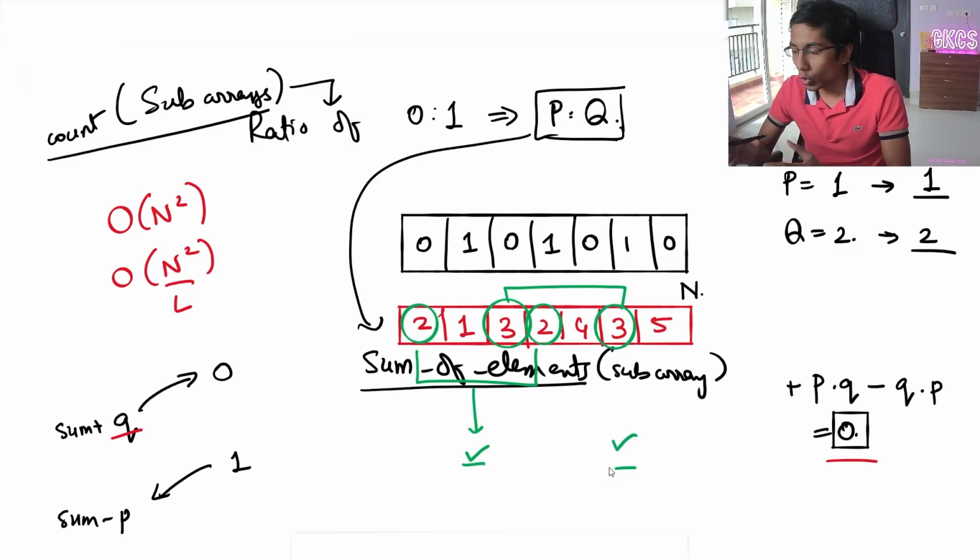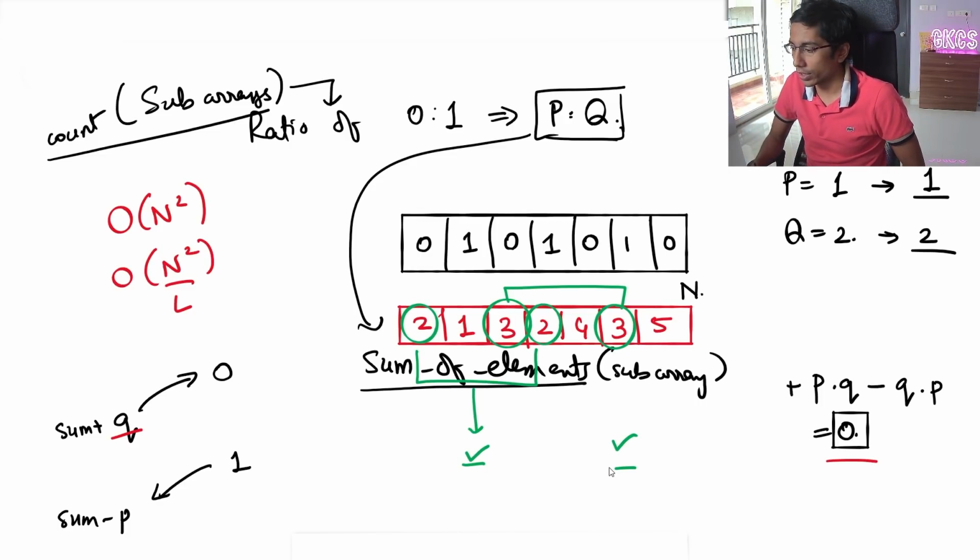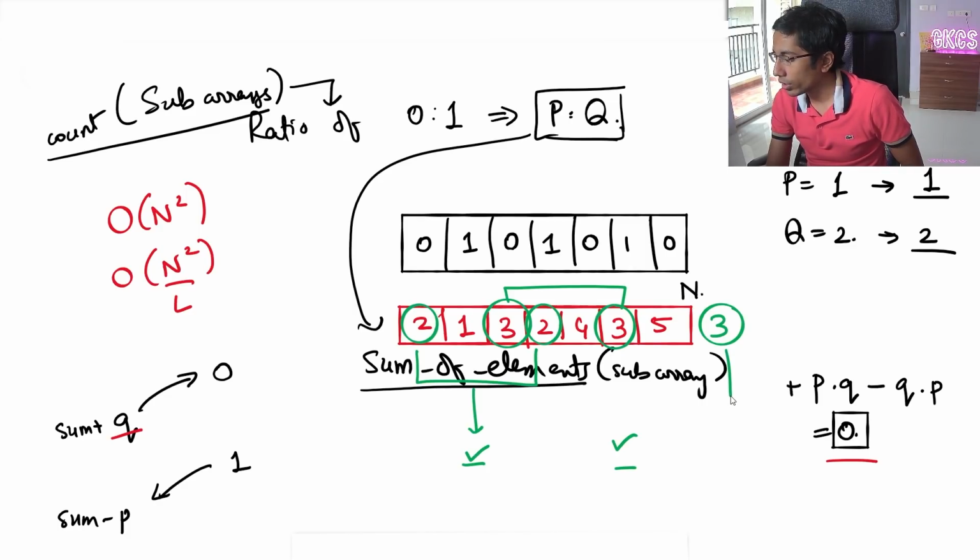All we needed to do was look at the total prefix sum we had in these elements and then start creating subarrays with it. If I had another element over here with 3, then I could create subarrays with this 3 or with this 3.